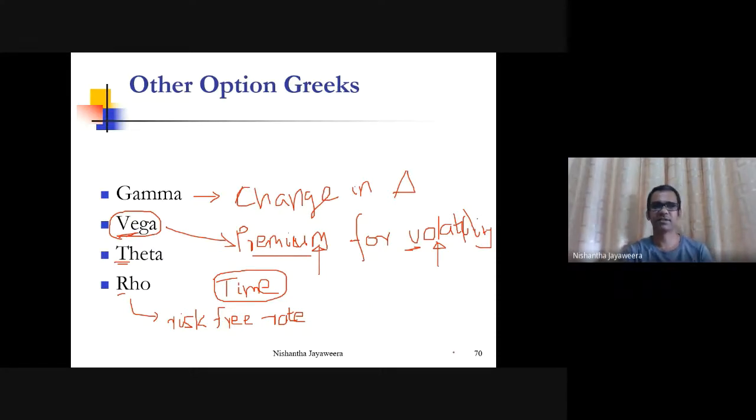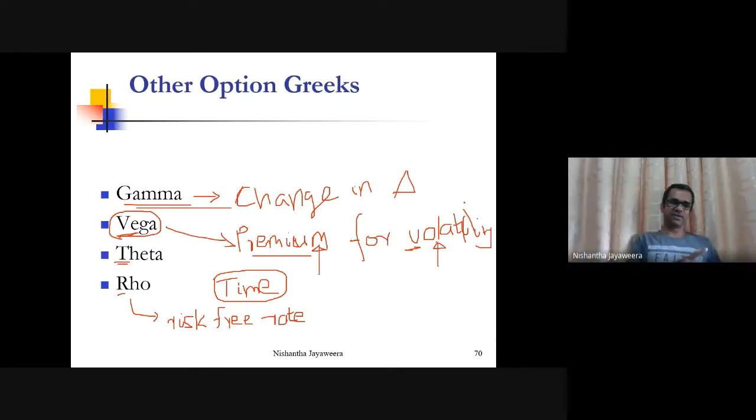Now can you tell me at which point gamma is highest? Is it for the in the money option, out of the money option, or at the money option?